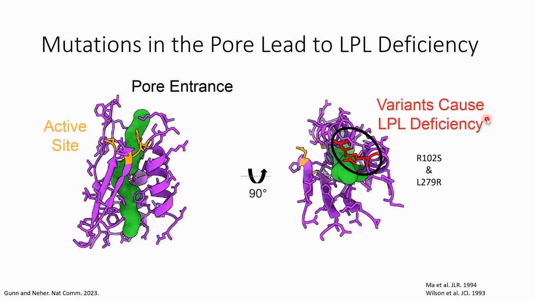And, of course, our first question was, is there anything that could suggest that this might actually be a mechanism that LPL uses? So we went into the literature, and there are a lot of LPL variants that are known to cause deficiencies. Interestingly, we found that 2 variants known to cause LPL deficiency localized to the bottom of this active site pore.